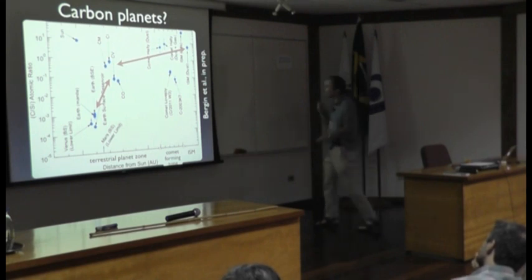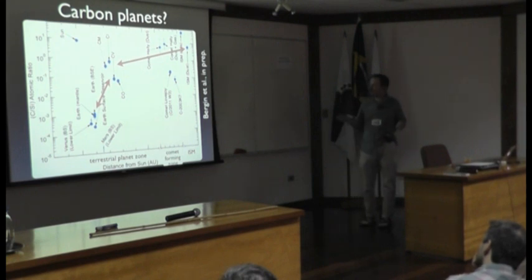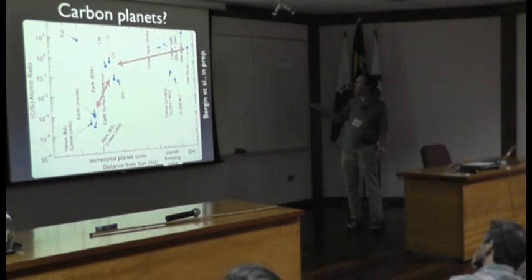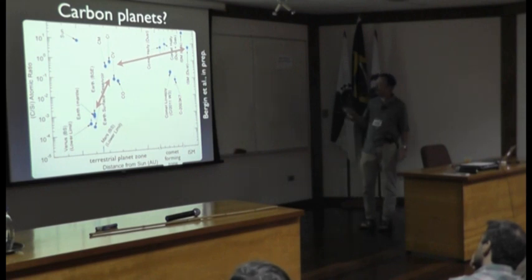Now, there's some hints that this process was clearly active, but there's some hints that this process has either a radial or a time dependence to it. Because here's Comet Halley. With Comet Halley, we had the Giotto spacecraft that visited it and actually got accurate measurements of both the volatile carbon, the carbon that came out, and also the carbon that was in the solid state.